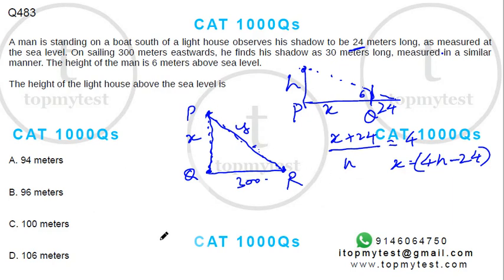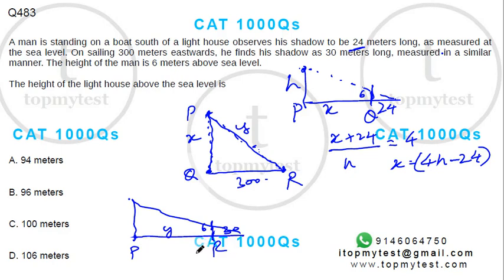If I draw for the second position, this is P. Now this will be R. The shadow will be here. The shadow is 30. This part is Y. The lighthouse is still here. So the man now is 6. Again, this will be similar triangles.